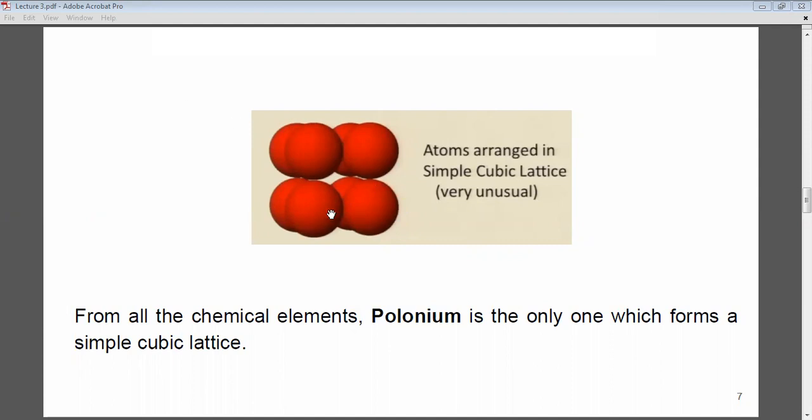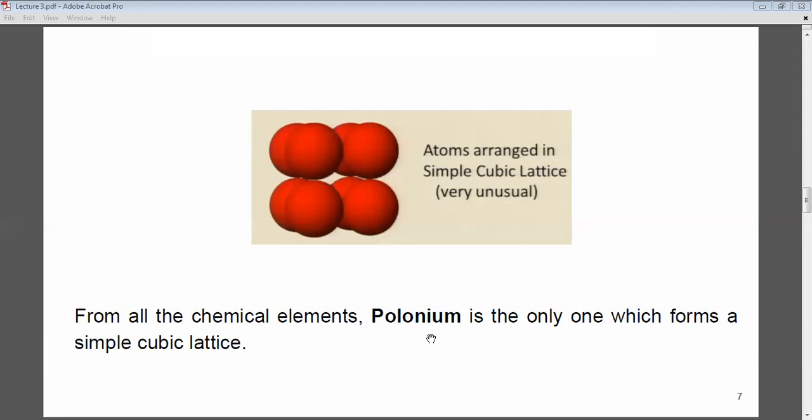It's almost impossible for the balls to stay in such a position. They really want to fill this hole in the middle. There is lots of extra space, and some of these balls will just fall into the hole. So it's almost impossible to stack atoms in a cubic arrangement, and that is why it's very rare to find any element with this arrangement.